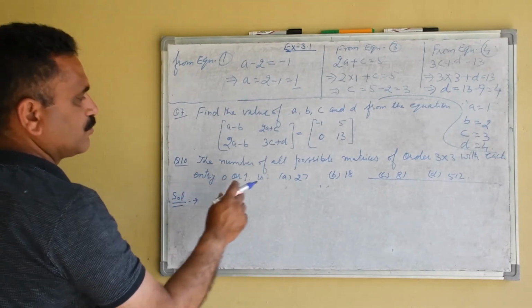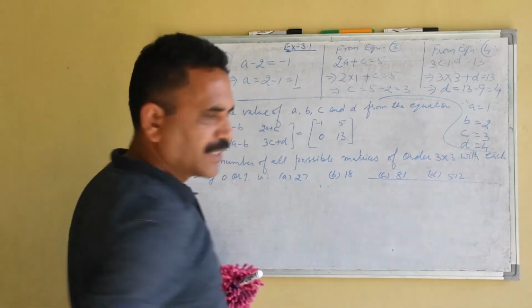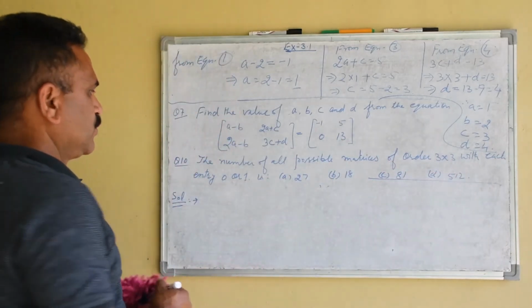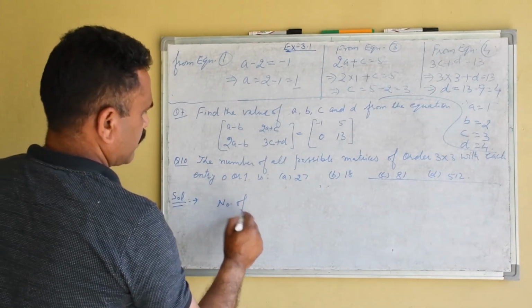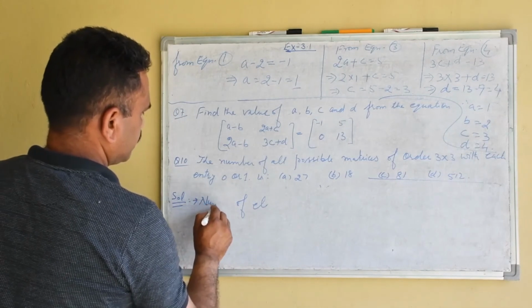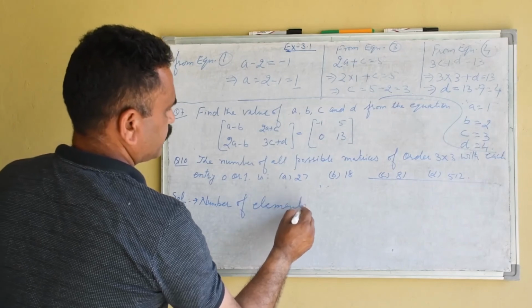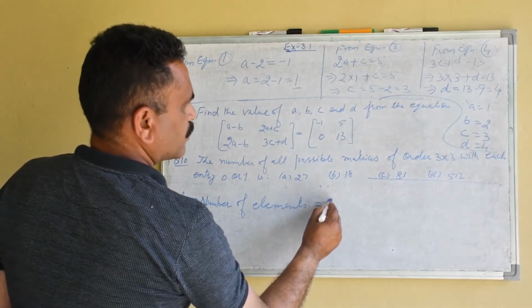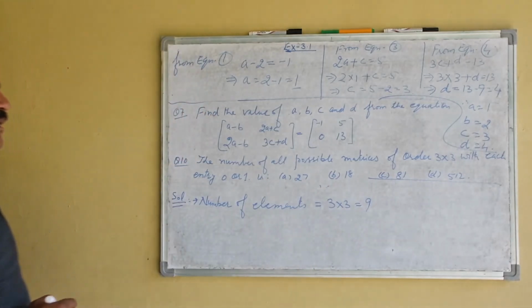This is a multiple choice question: 27, 18, 81, or 512. Which one? So the number of elements is equal to 3 by 3 order, so that is equal to 9.